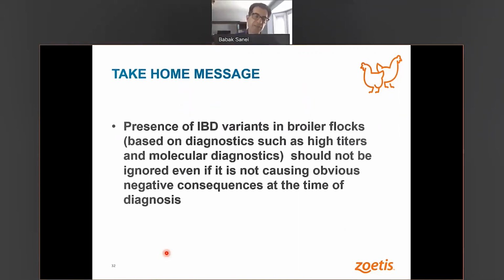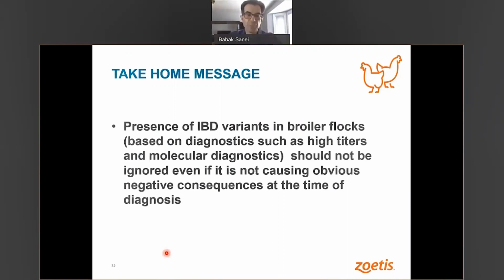I'm not saying you should use vaccine blindly, but if you have indication that you have IBD, even if it's not causing a huge performance issue at the moment, don't underestimate it, because eventually it will build up to a level that it actually will eat up your investment.